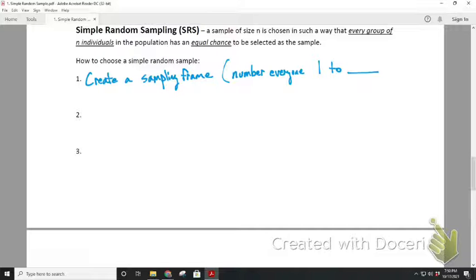Or maybe it doesn't give us the grand total in our population. So we just say number everyone 1 to however many there are. And you have to use a word there. Number 2, pick a method.